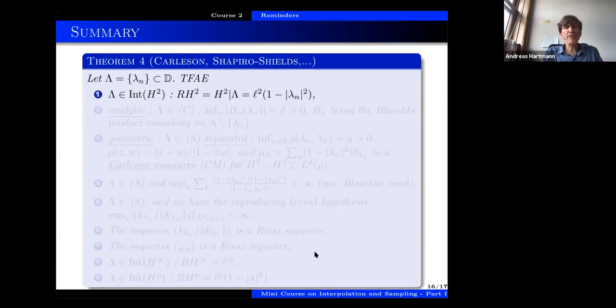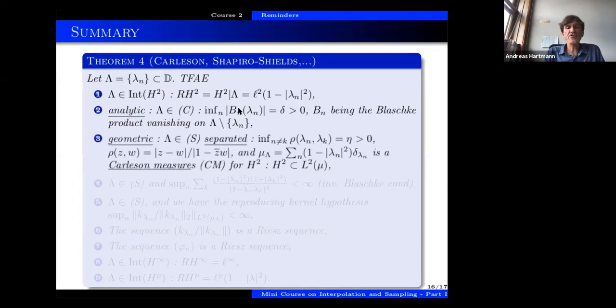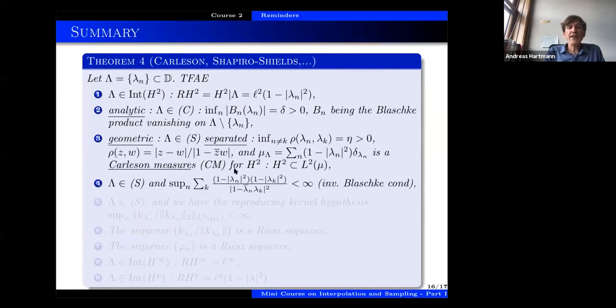This is a summary result, maybe just to recall all that we have done until now. So the interpolating sequences in H2 are characterized by this analytic condition on functions. We have a geometric condition, which is separation and the Carleson measure condition. You have this condition, separation and this invariant Blaschke condition. It's equivalent to separation and this reproducing kernel hypothesis.